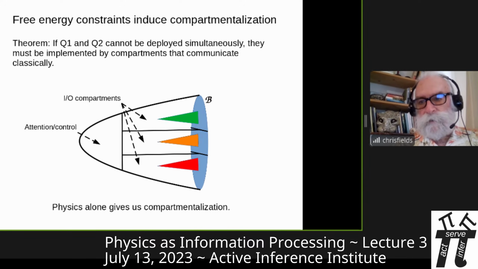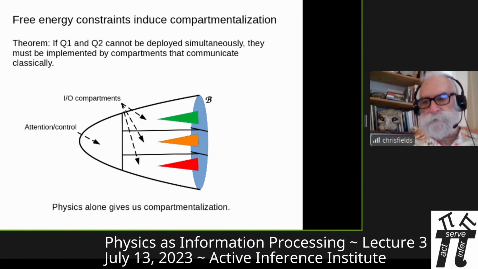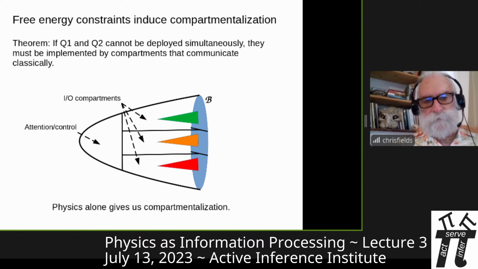And clearly this clock function becomes part of this control system. So the physics alone of any system that executes a fairly complicated interaction with its environment gives us this hierarchical compartmentalized structure without having to add any biological or cognitive science type assumptions at all.